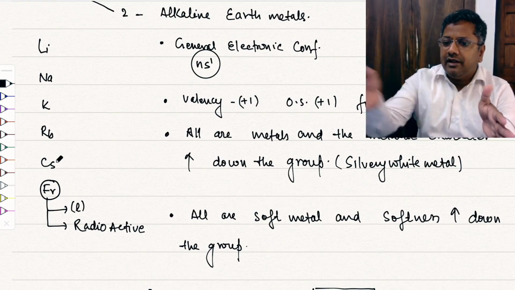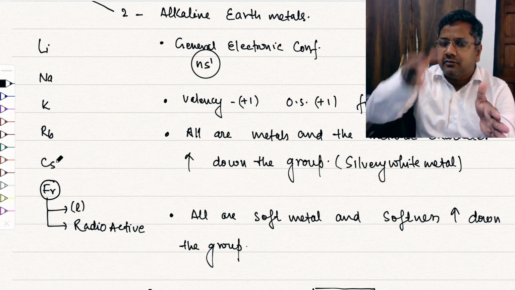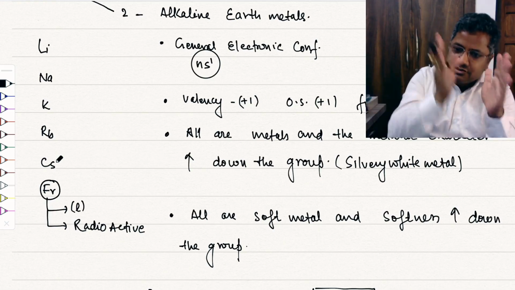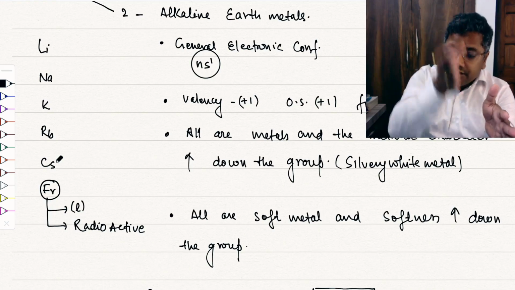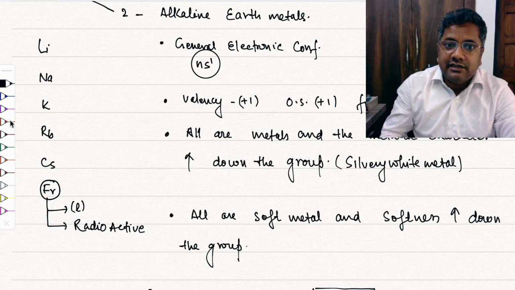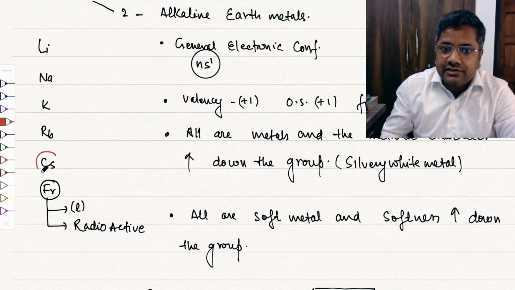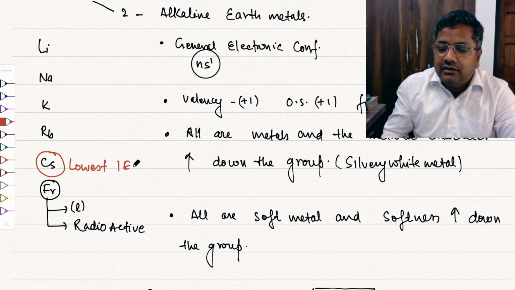And you know, from left to right ionization energy increases, and from top to bottom it decreases. So cesium has the lowest IE1 in the periodic table.